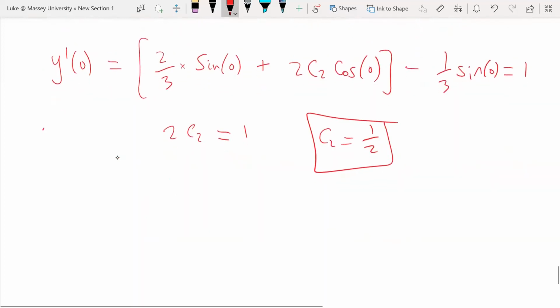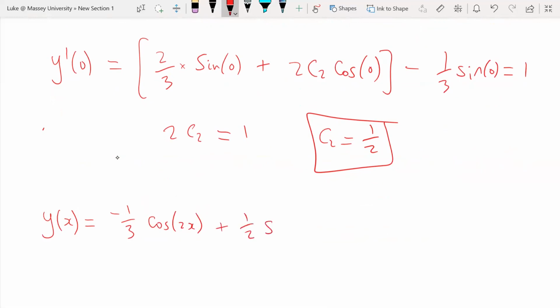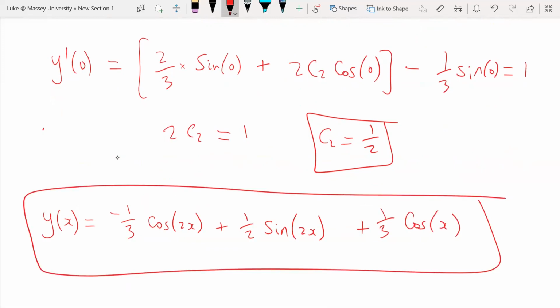Therefore my solution is equal to negative 1/3 times cosine of 2x plus 1/2 times sine of 2x plus 1/3 times cosine of x. This is the solution to the initial value problem.